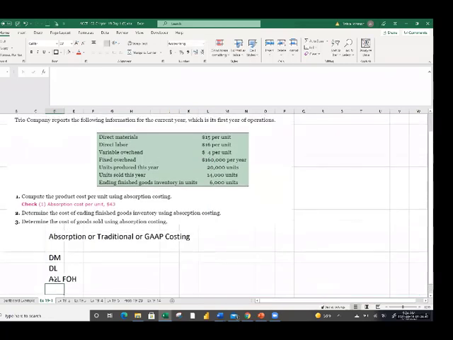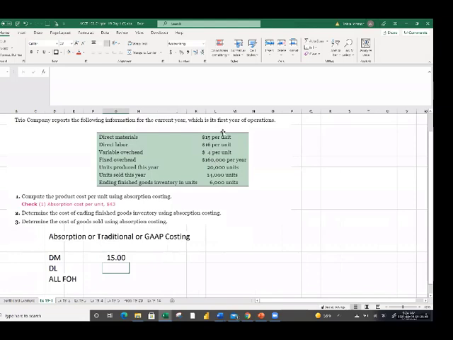That's what we've been doing for chapter upon chapter now. So direct materials, he gave us at $15 a unit. That would be the first line up here. Direct labor, he gave us at $16 a unit. That would be the second line up there.